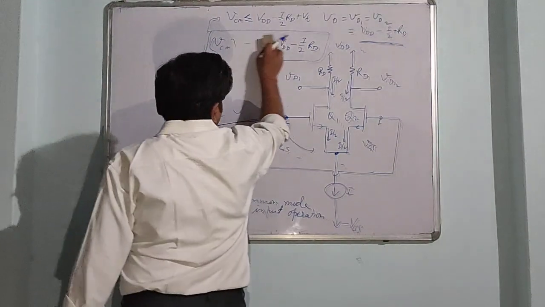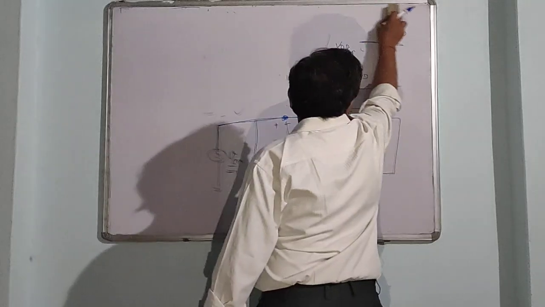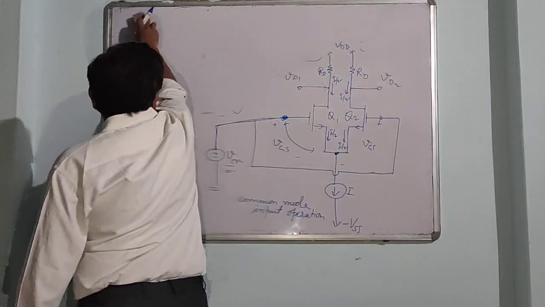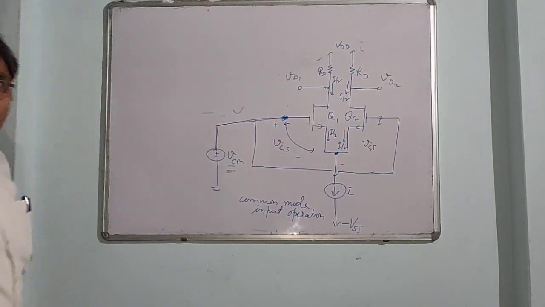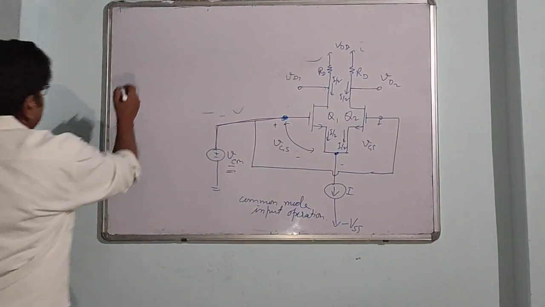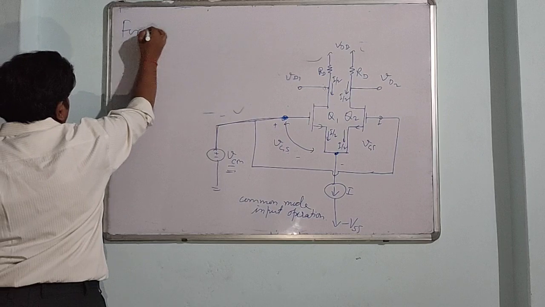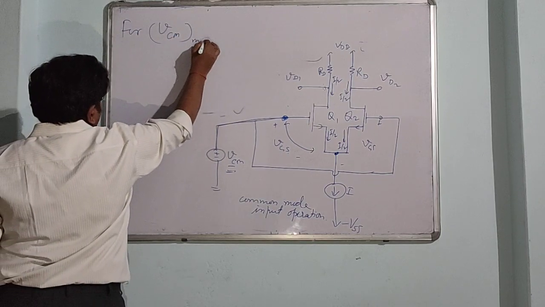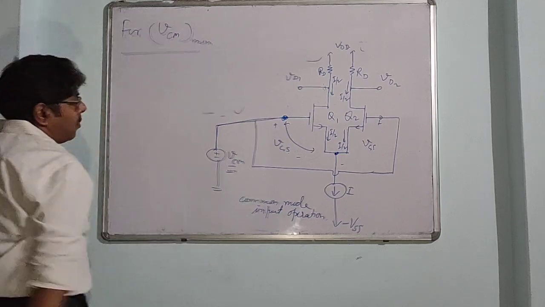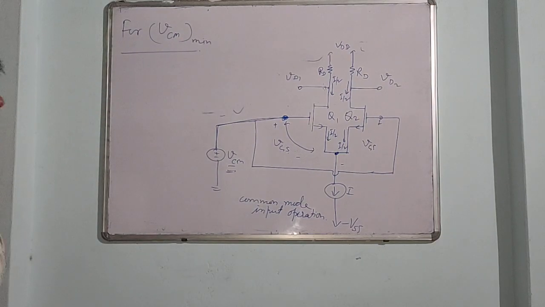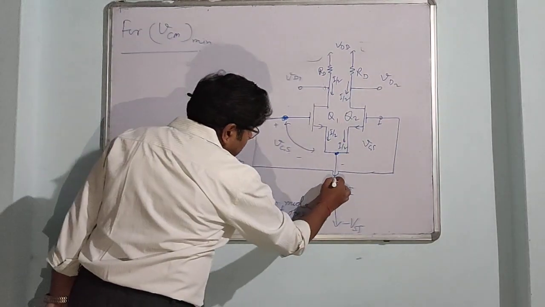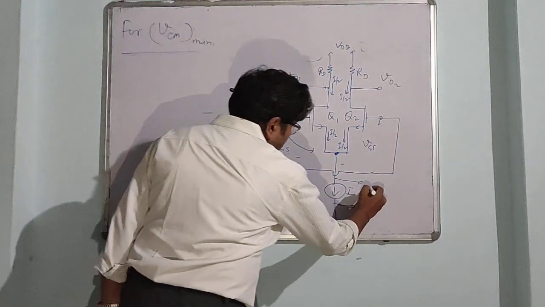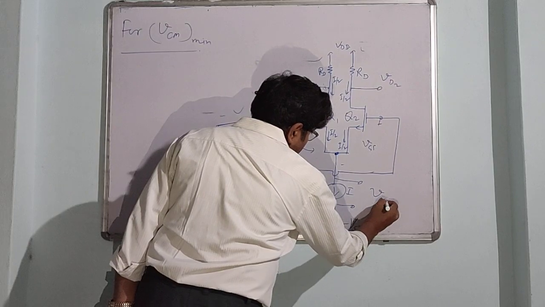So maximum, and for minimum, for this value, the voltage across this current source, suppose, is VCS.